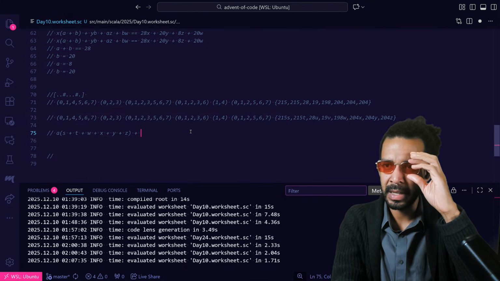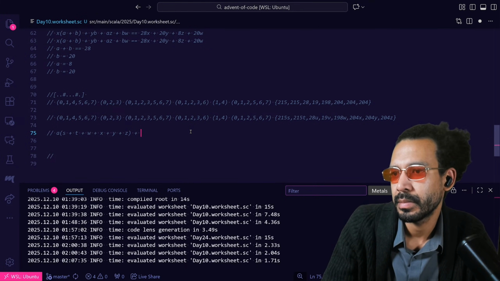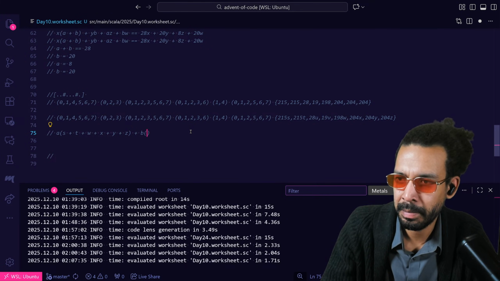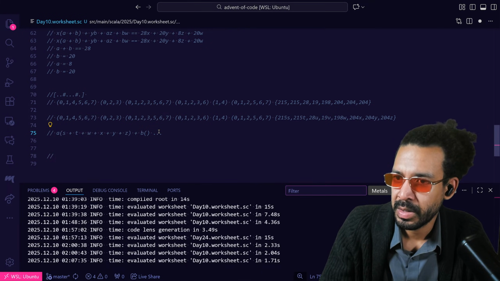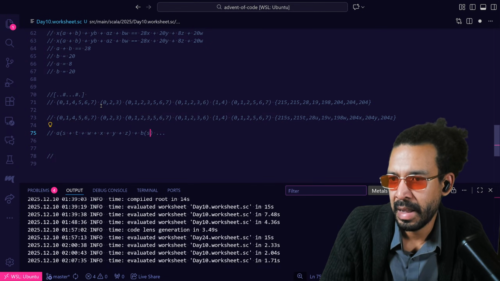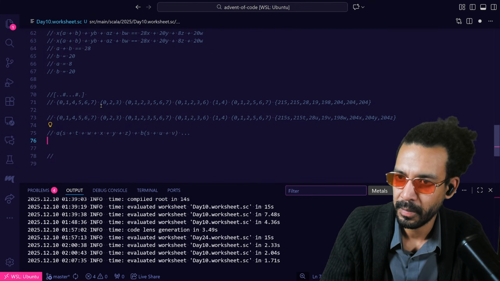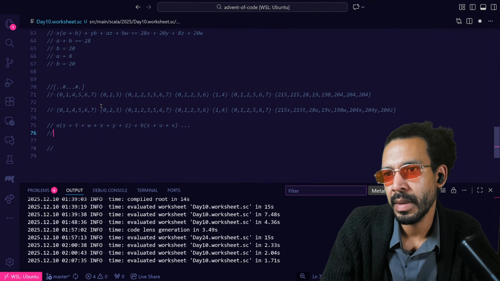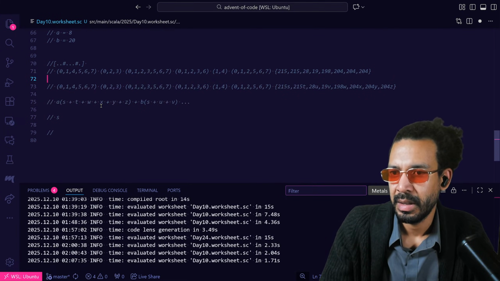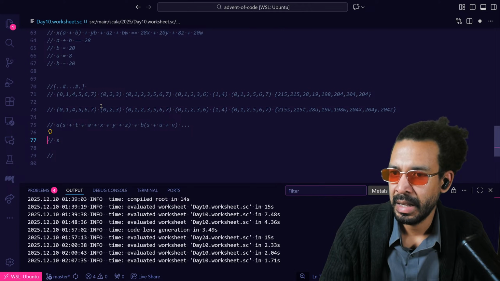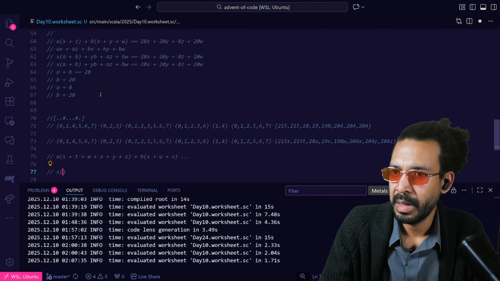But I think we can skip ahead a little bit. Let's just do the B, and then we'll put a dot dot dot. So B is going to look like S plus U plus V. And what we want to translate this into is, so we've got an S, and what is it multiplied by?